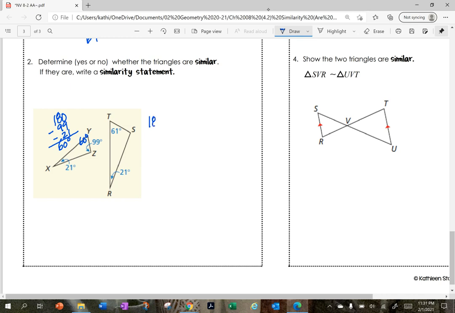And 180 minus 61 minus 21 is 98 degrees, so angle S is 98 degrees. So I have two 21-degree angles, but then I have 61 and 60, and 98 and 99. So no, I only have one set of congruent angles. So they are not similar. When they are not similar, I do not have a similarity statement.